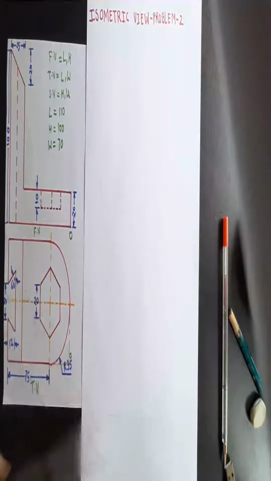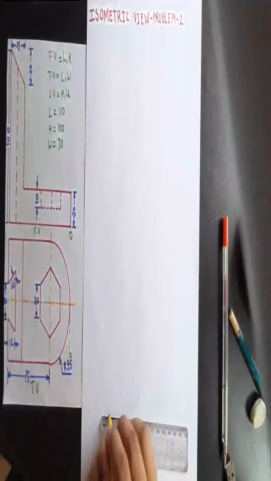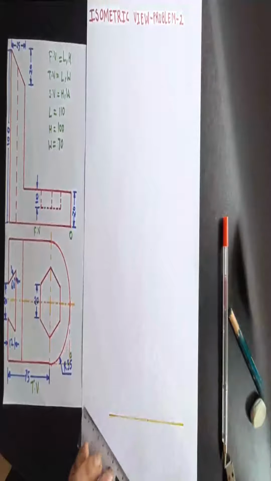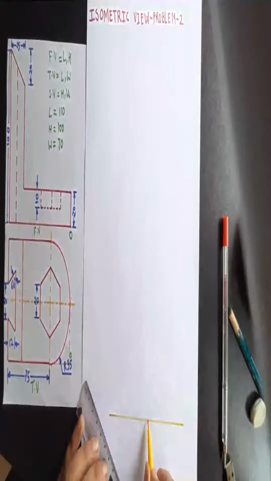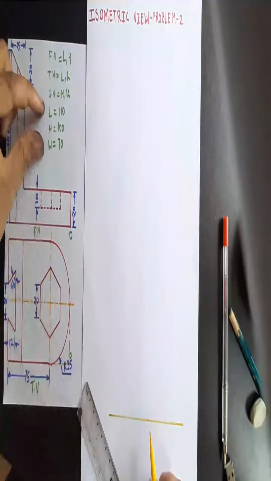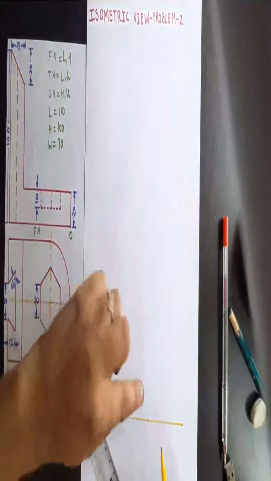To draw the isometric box, draw the horizontal line and mark the origin point. So let's say I am marking this point as the origin. From this origin point, we are supposed to mark the three axes along which we are going to mark the length, width and height. Among the three axes, one will be the vertical one.